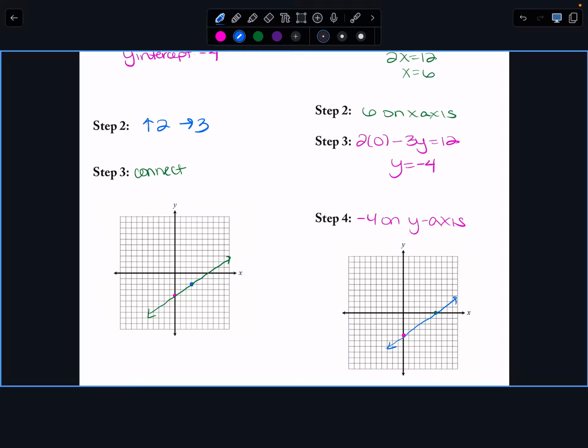I got a few graphing ones for you guys. Homework. Yes, homework. Which one do you want to see?